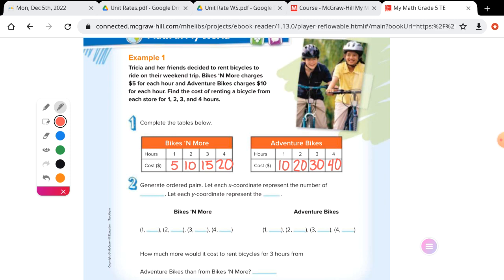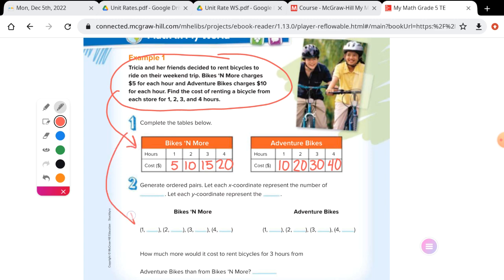Okay, Dylan, can you add to that? Like an ordered pair. So we are going to use a word problem today to create a table, to get ordered pairs, to graph the ordered pairs. Okay, those all mix together.